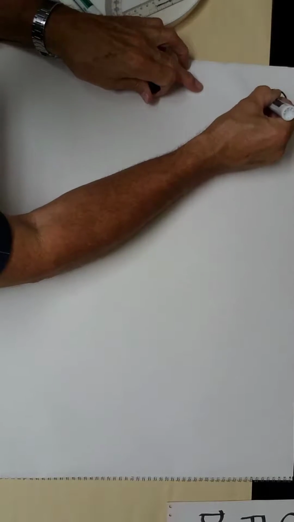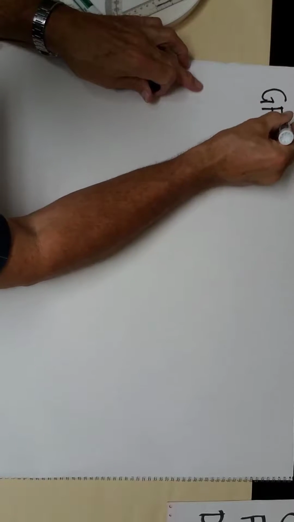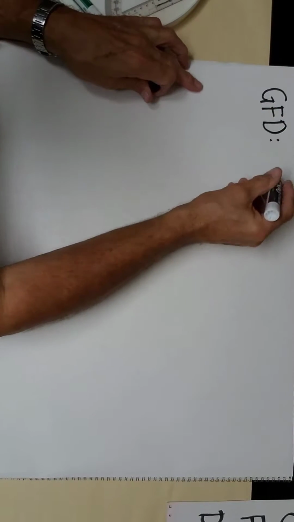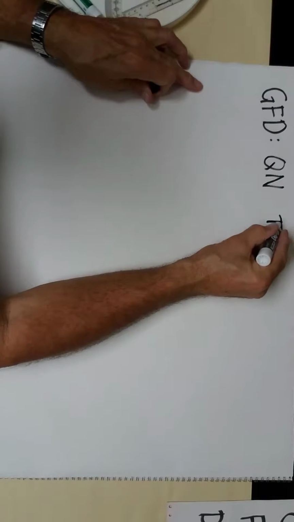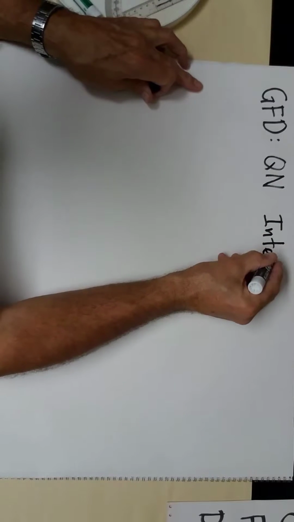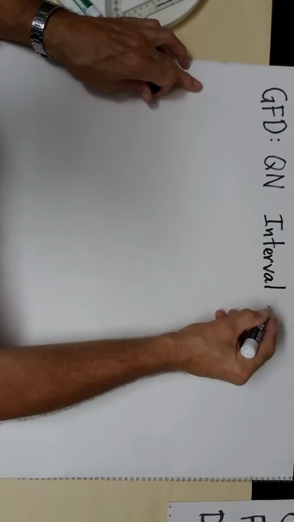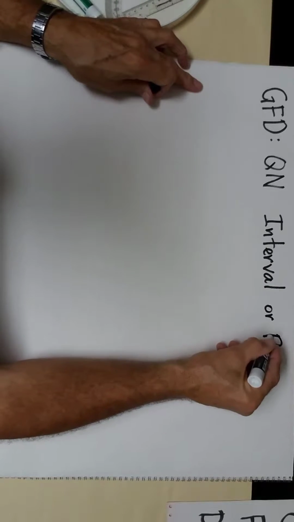A grouped frequency distribution, a GFD, uses quantitative data, which is interval or ratio level data.